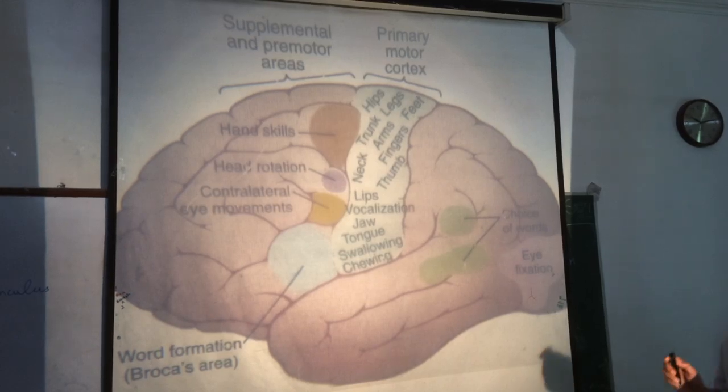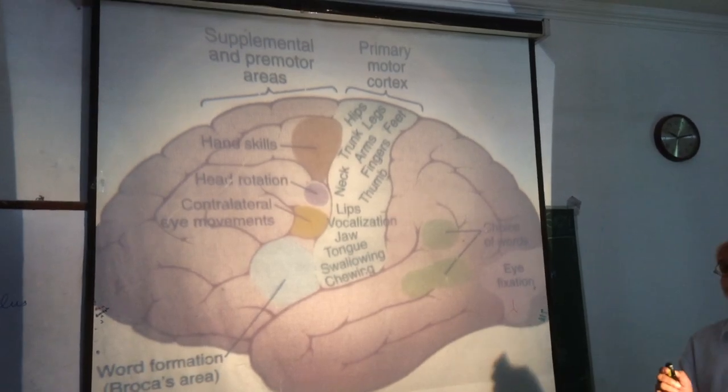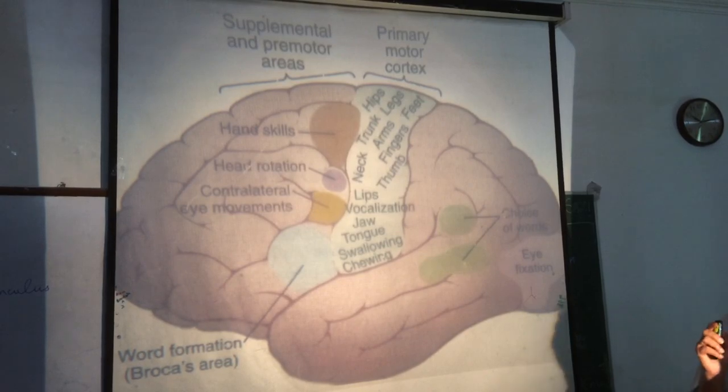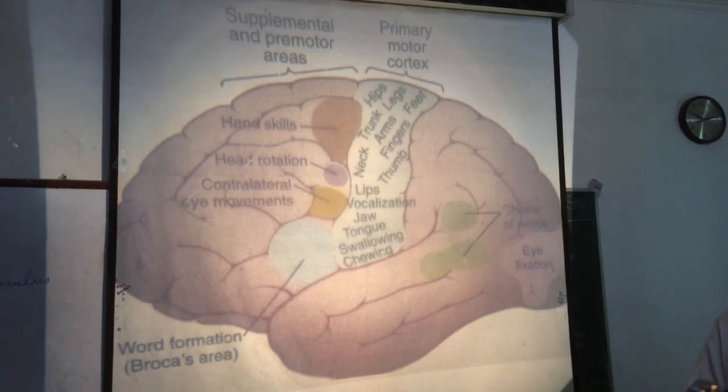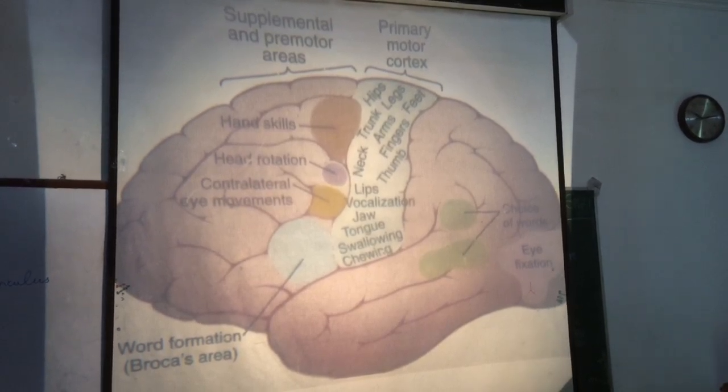So this was about the premotor area, which programs the activity of the primary motor area and is involved in the control of complex patterns of motor activity.